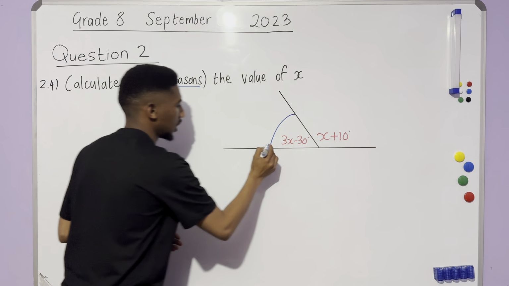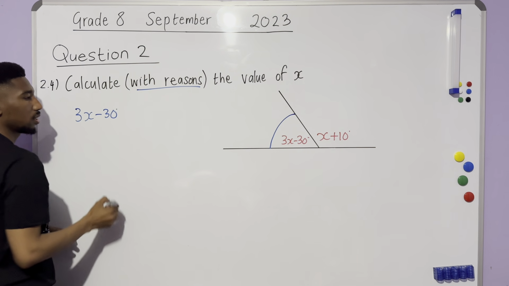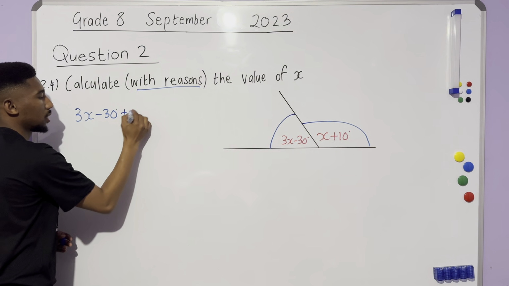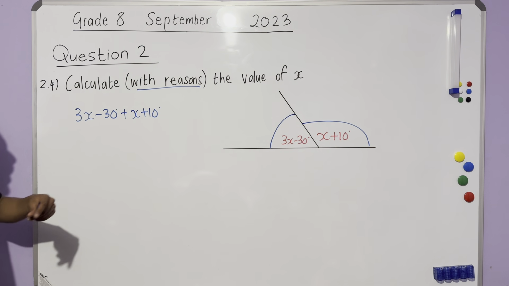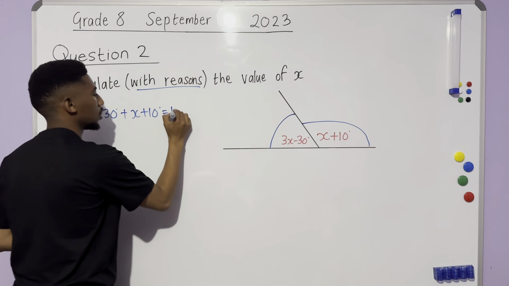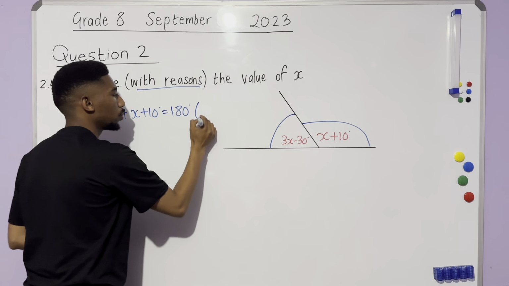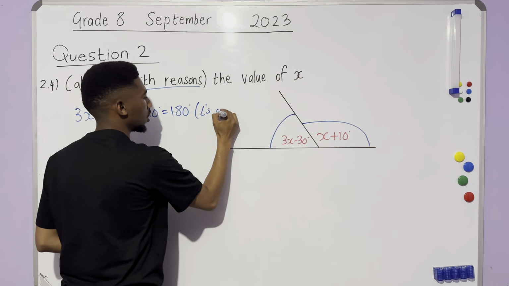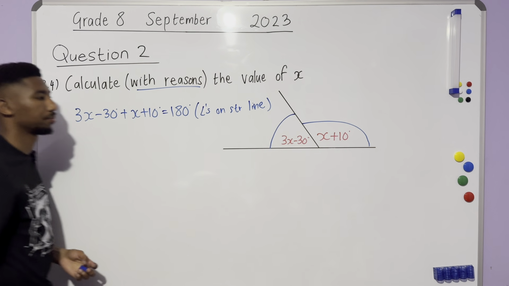So we take that angle, 3x minus 30 degrees, and we add it to that angle, x plus 10 degrees, and that equals 180 degrees. You have to write your reason. It's always worth 1 mark every single time. Angles on a straight line.